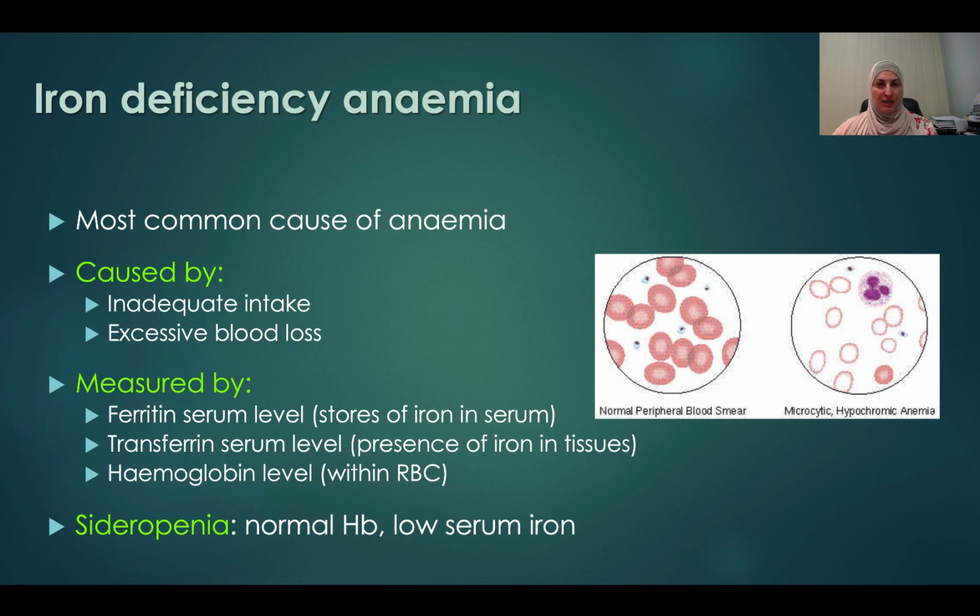The patient is taking an adequate amount of iron, but there is a continuous loss of blood that will reduce the total amount of blood, of RBCs, and of iron available in the body, as in the case of hemorrhoids, or maybe severe menses in females, or low-grade bleeding or ulcer present in the gastric mucosa. This will also lead to iron deficiency. So these are the causes of iron deficiency anemia.